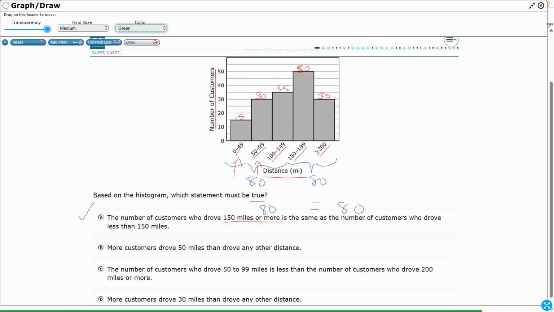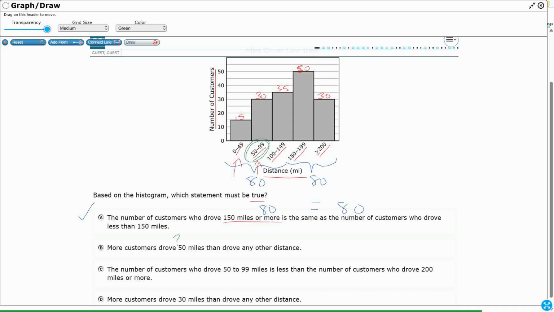Let's change colors. Let's go here. More customers drove 50 miles than any other distance. Well, first off, like I said, we have no idea how many drove 50 miles. We don't. It never tells us. We know that there were 30 people that drove 50 to 99, but 0 people could have driven 50, and we would still get 30 in there because they all could have driven 51 or 52.